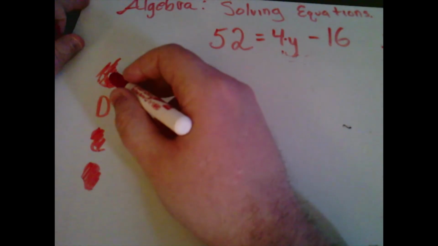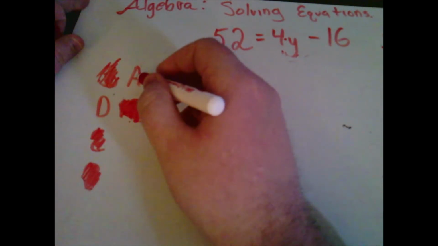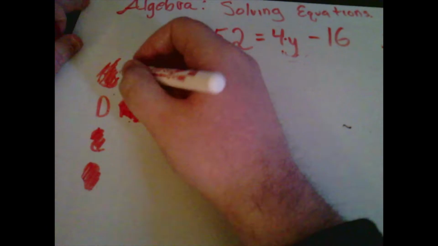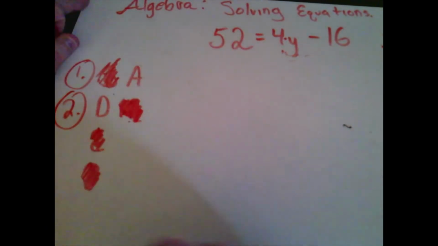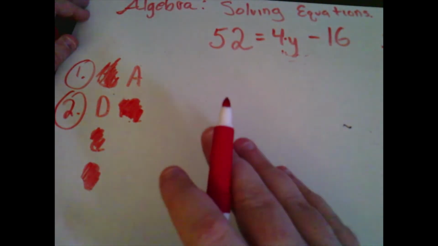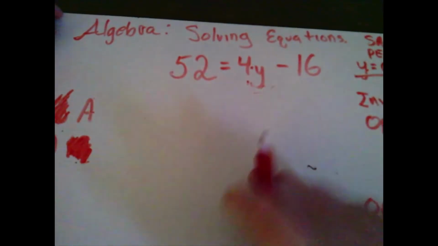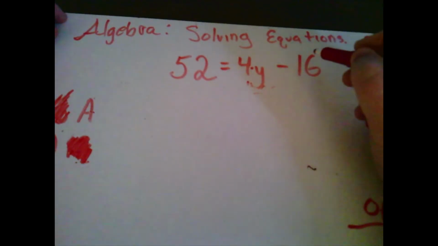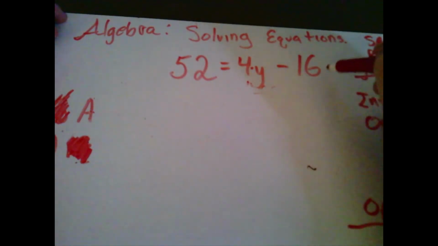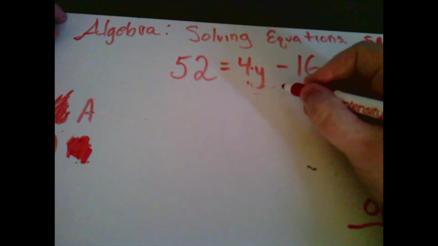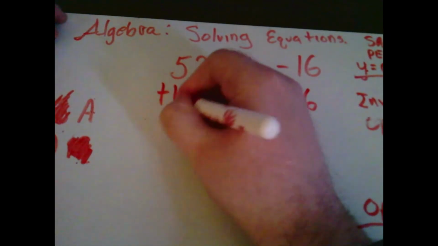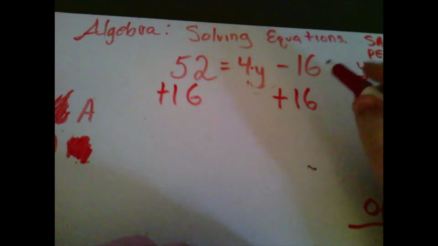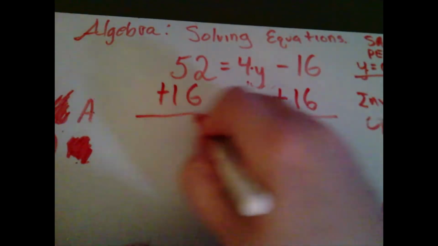Well, according to our SADMEP, all we have left is A and D. And this will happen in this order: addition, and then division. Let's take a look at what we can add, being our first step. Well, the subtraction was centered around this minus 16 here. So we are going to perform an inverse operation of addition to both sides of the equation. As I do this, you'll notice for this equation, I am lining up like terms.